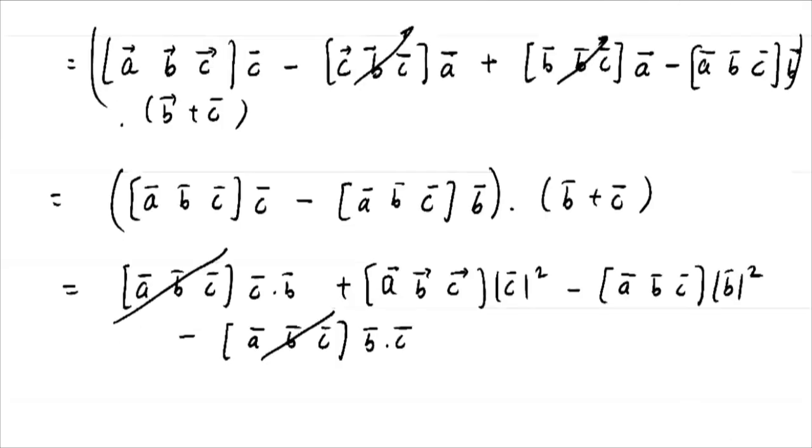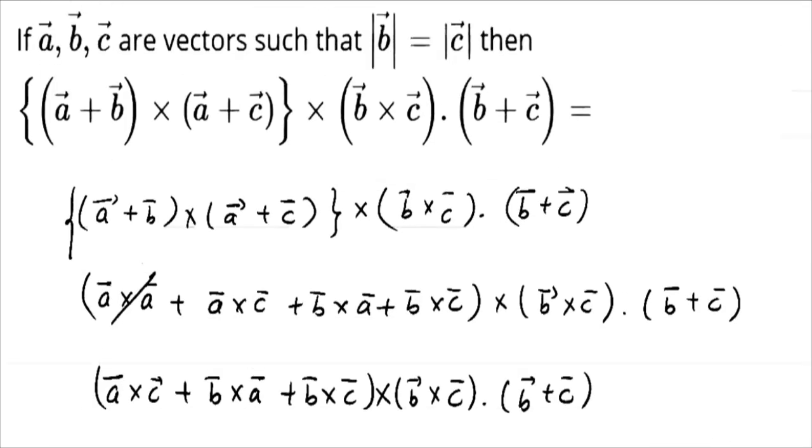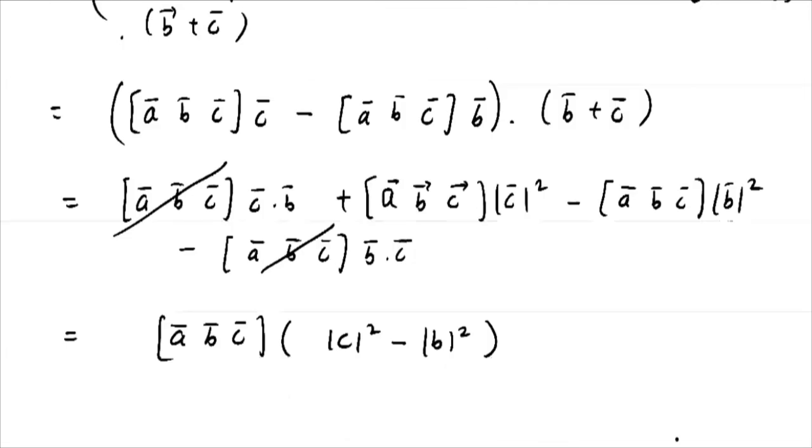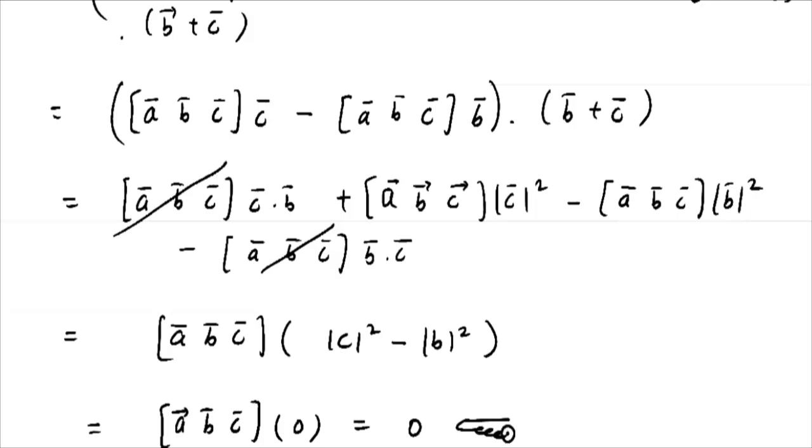So finally I have box of ABC as common, multiplied with magnitude of C square minus magnitude of B square. In the question it is given that magnitude of B equals magnitude of C, so we have box of ABC multiplied with 0 because these are equal. So my final answer is 0.